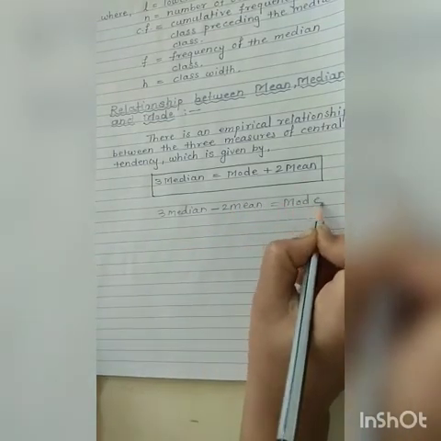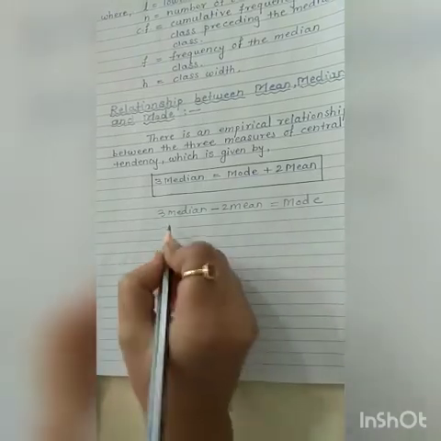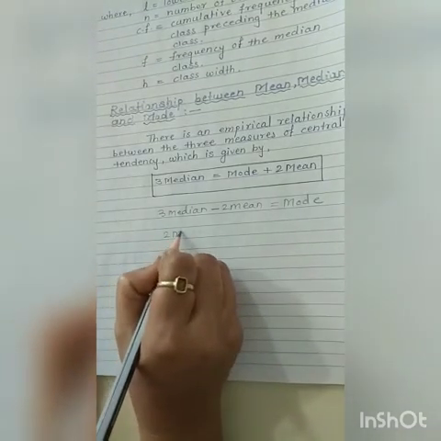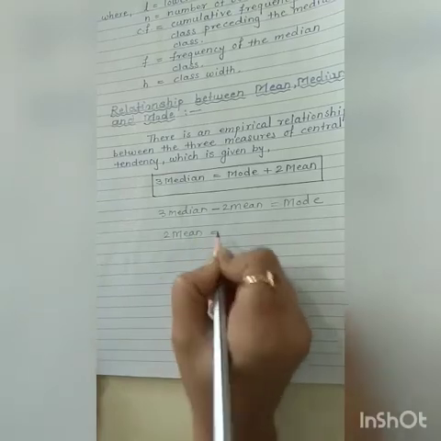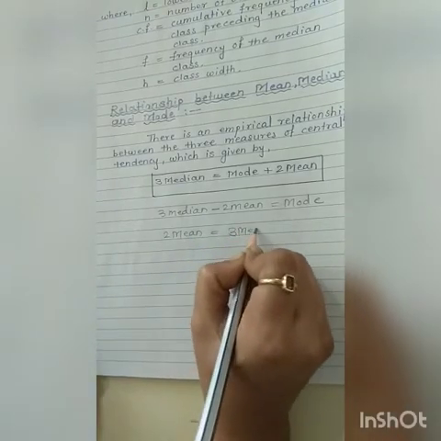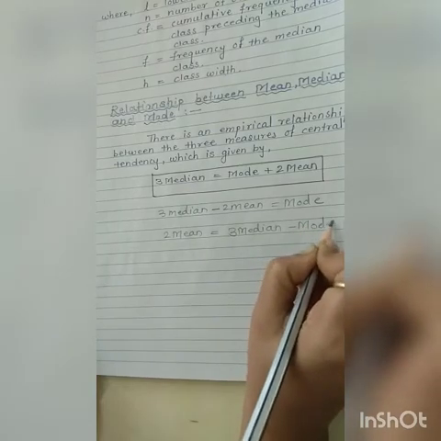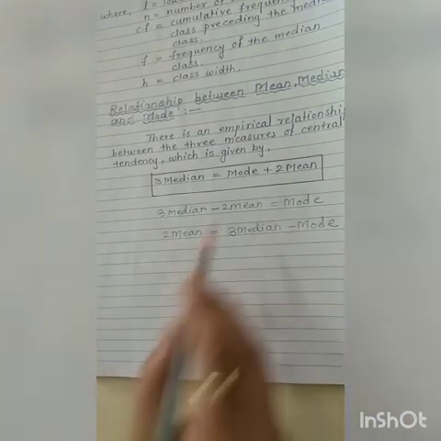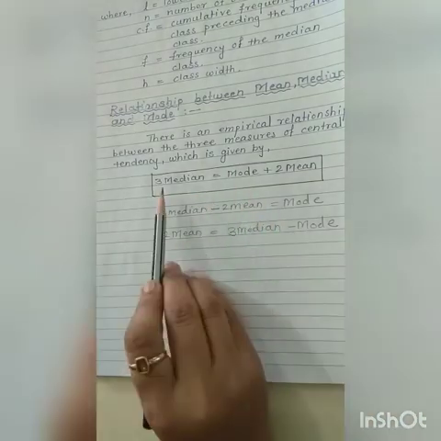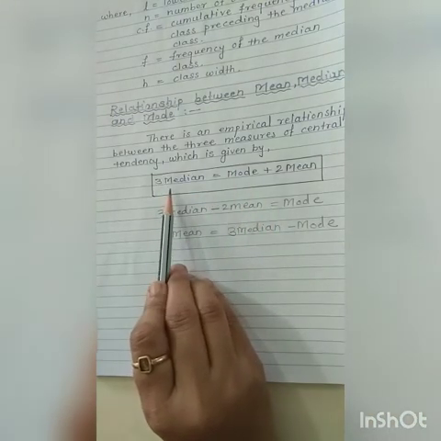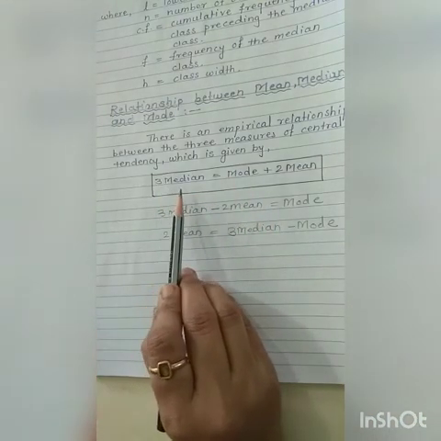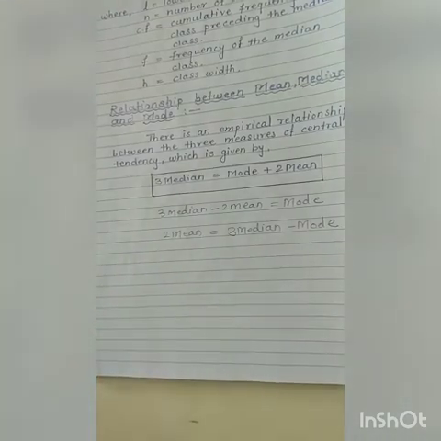This is also correct. Or 2 mean is equal to 3 median minus mode. This is also correct. So in any manner you can write, but this is our empirical relationship between the three measures of central tendency, mean, median and mode.